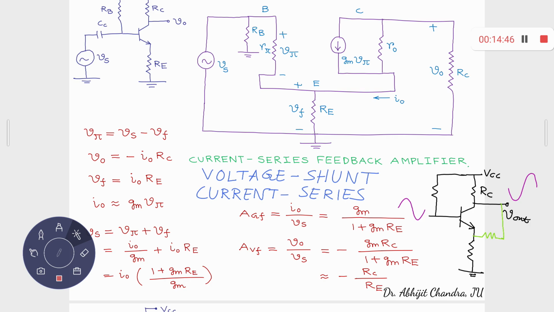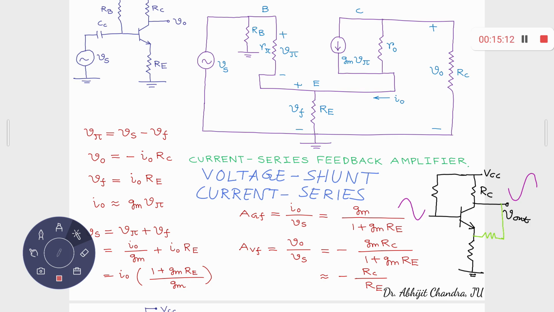So how to ensure that? When this goes positive, this also goes positive, with no phase reversal. How to ensure that? Yes, you need another stage of such amplification, two-stage amplification, so that there is a 180 degree phase shift after one stage and another 180 degree phase shift at the second stage, so that it becomes 360 degrees.